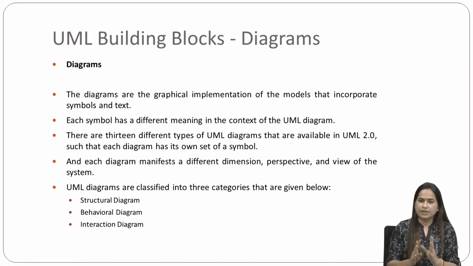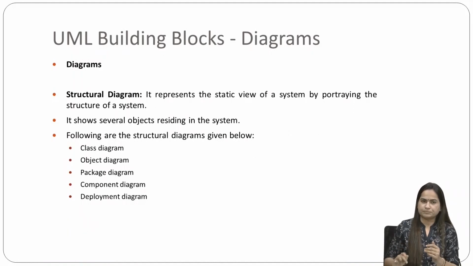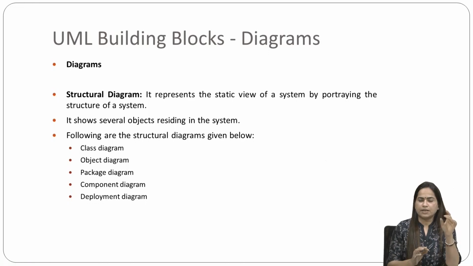Mainly we have three categories of UML diagrams. When we classify them, we can classify them into three categories: structural diagram, behavioral diagram and interaction diagram. Now what do we mean by structural diagram? It represents the static view. Students, just remember, wherever you have structural, it means you have static.